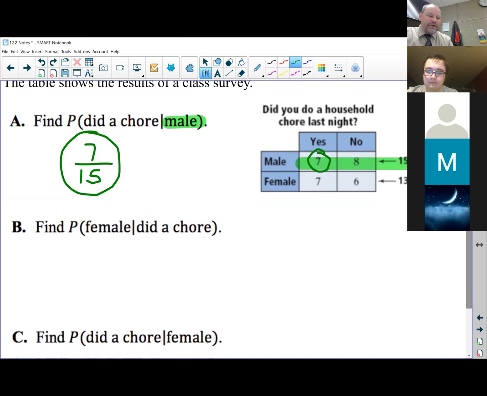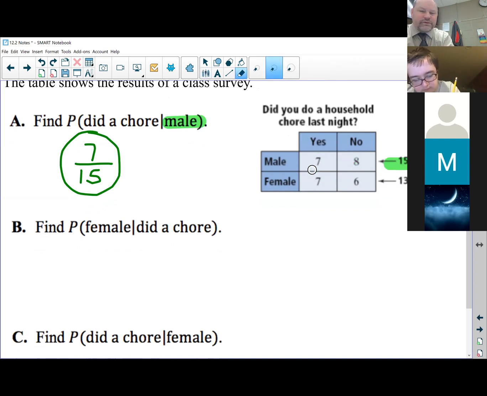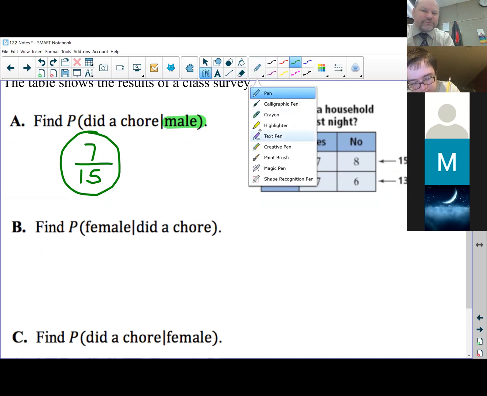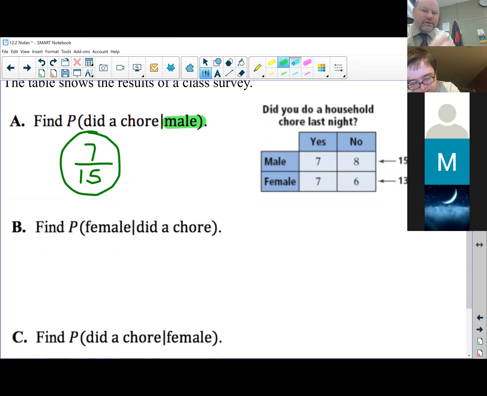How about the probability that a student is female given they did a chore? So for this one, we're concerned with the yes, they did a chore column and the number of females in that column.